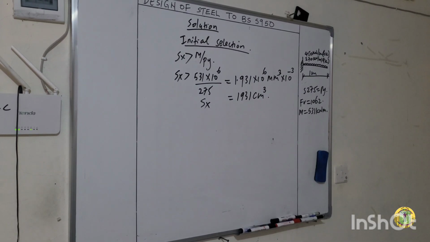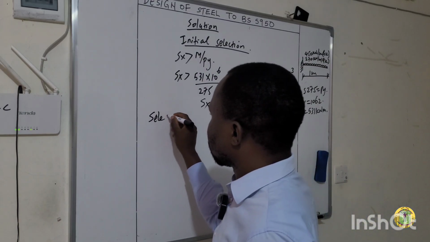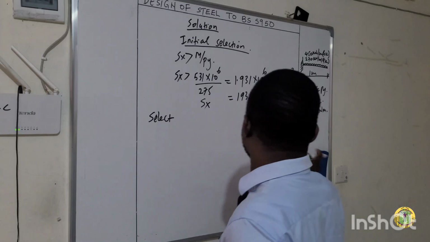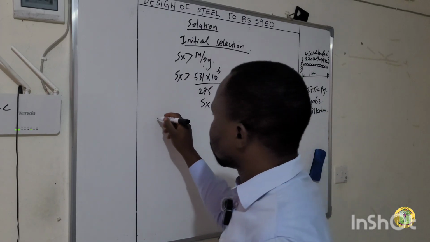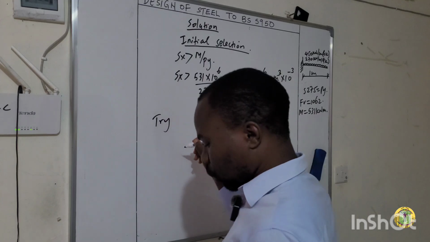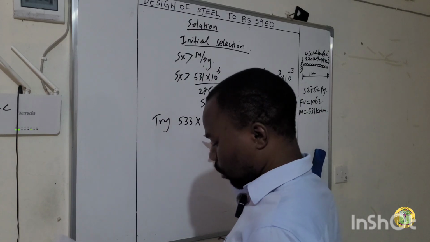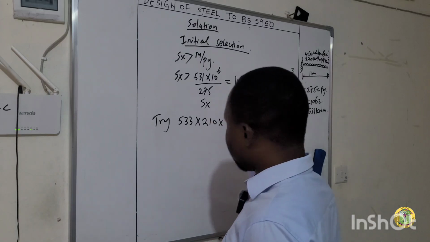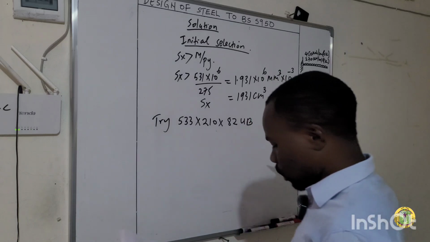So you will now say select, as you have seen from the table, or try. You will say try, because you are not sure if it will fail or not. So try 533 times 210 times 82 universal beam.